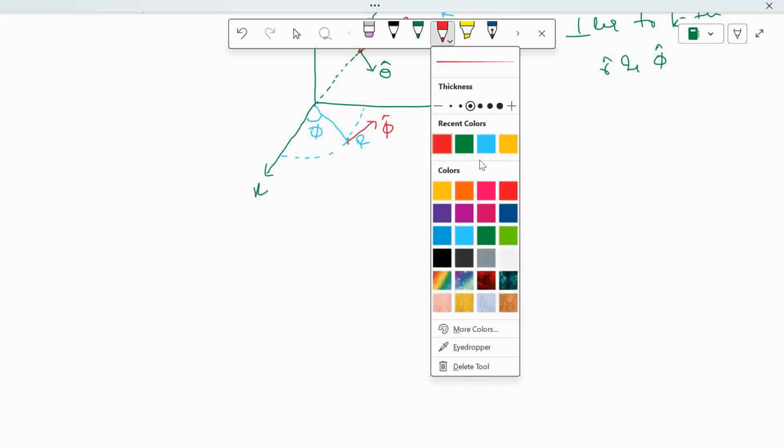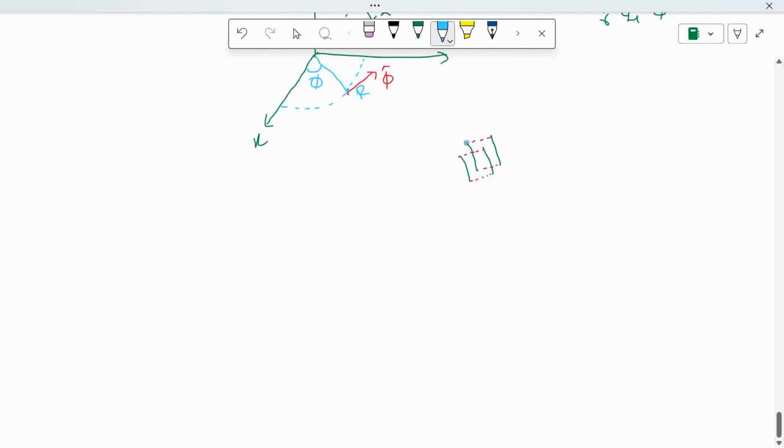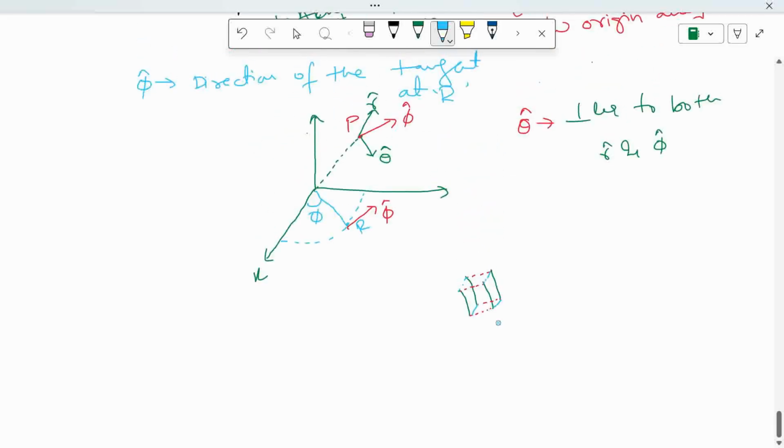Here let me use sky blue for another side. Now you can understand that these two are the layers, like in a tennis ball. This is the inner layer and this is the outer layer.